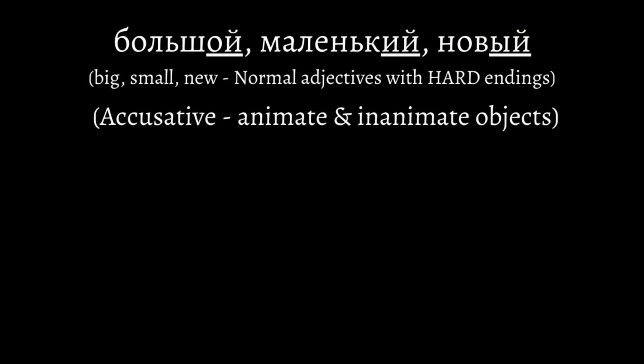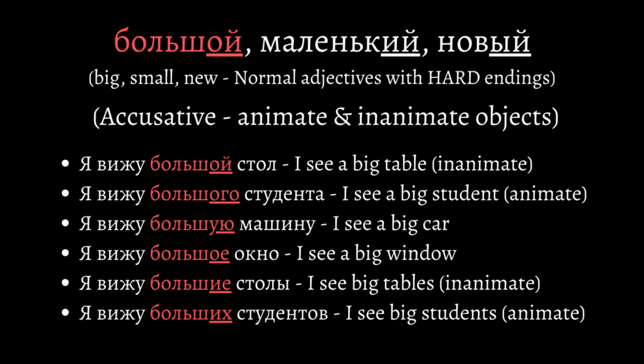Now, let's try the same words in the accusative, which works with animate and inanimate objects, and this is where you'll see the nouns changing to fit the grammatical case. Additionally, this is where a few phrases will not make sense logically, but again, we're simply focusing on adjectives. These are the sentences that I will use. Я вижу большой стол.